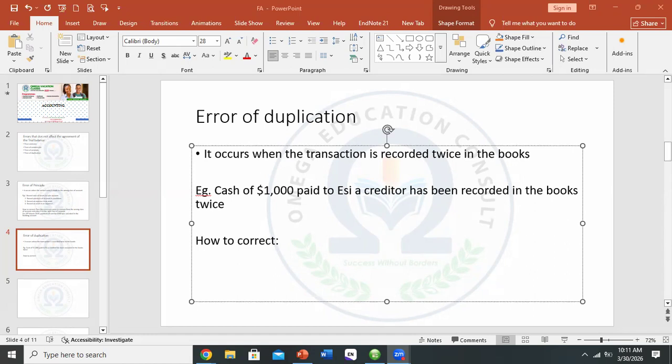I think with this error, we debit AC's account. So I will remove the extra credit and I will credit the cash account. Because the payment to AC was recorded twice, the cash is reduced by 2,000, but it should rather be 1,000.